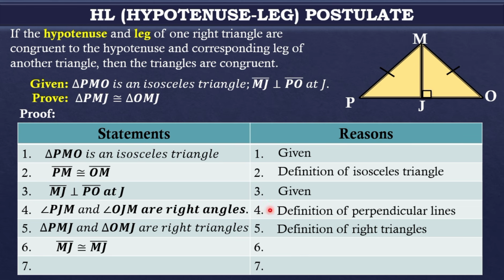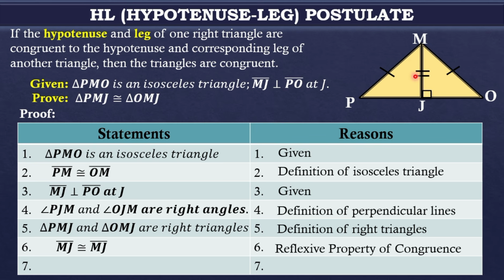Next. We have segment MJ is congruent to segment MJ. Now, why did I put this in the statement? Because, based on our figure, they share a common side. So, we can say that segment MJ is congruent to segment MJ, and that is by reflexive property of congruence.